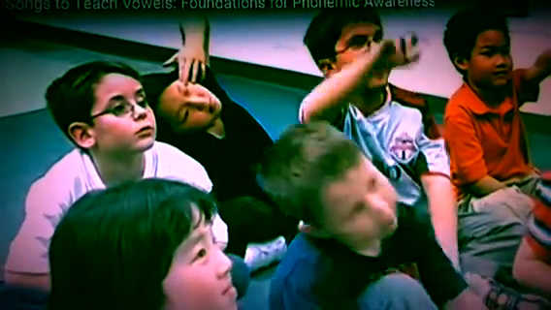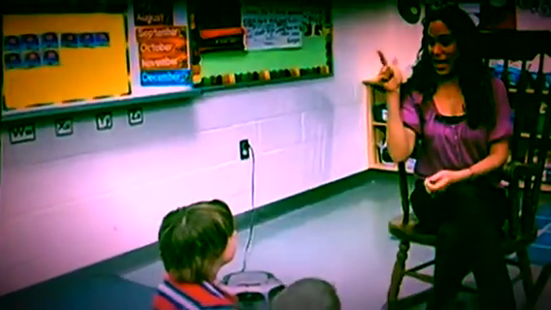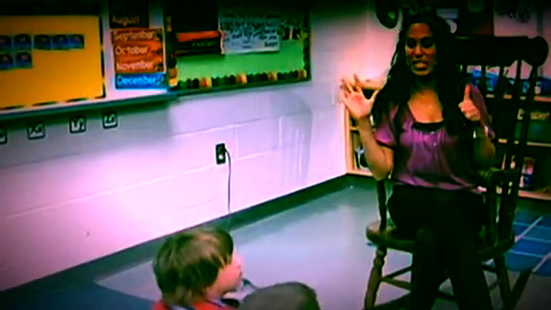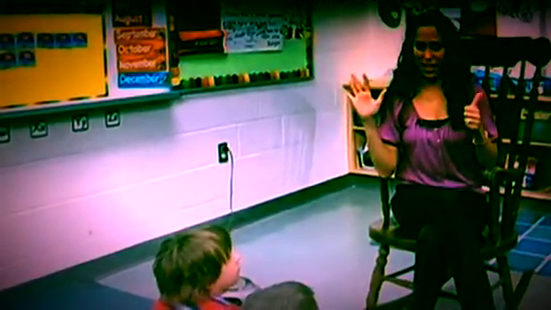What are the vowels? Ty. A, E, I, O, U, and sometimes Y. That was very fast. So we have A, E, I, O, U, and Y. Now I have a song that teaches us all about the sounds that the vowels make, the long vowel sounds.